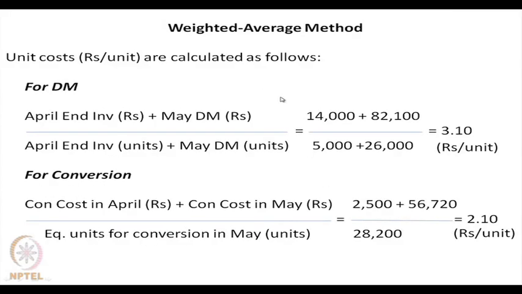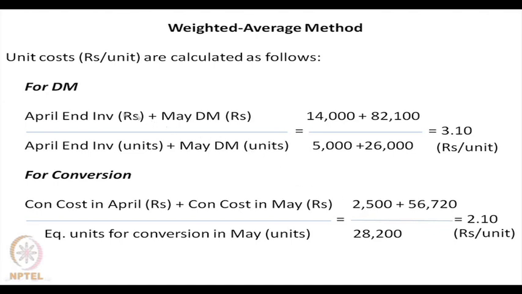First of all, let us understand that for direct material, the cost was 14,000 in the work in process for April and the conversion cost for April was 2,500, totaling 16,500.